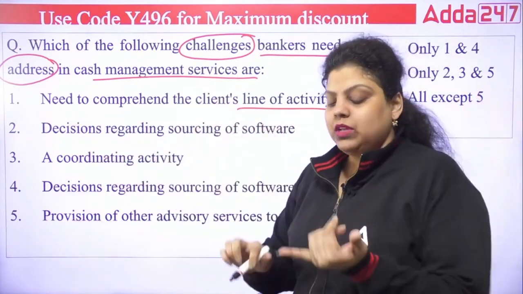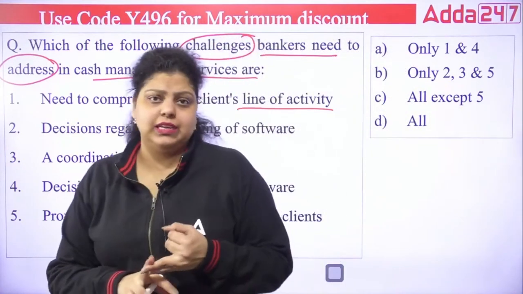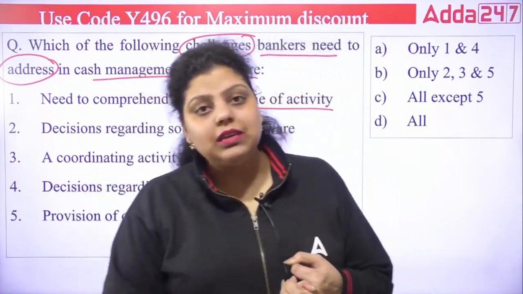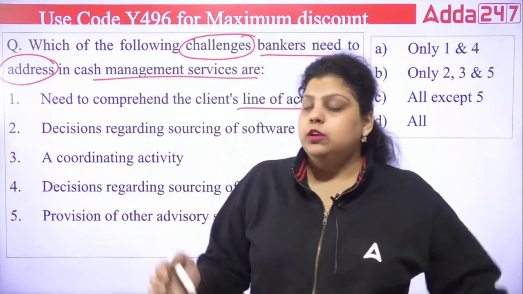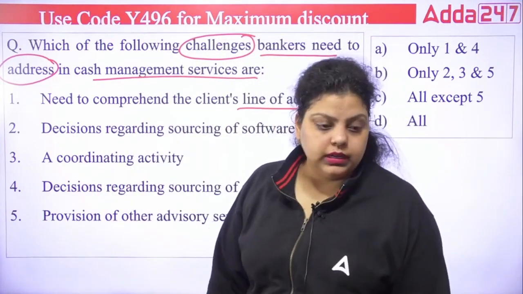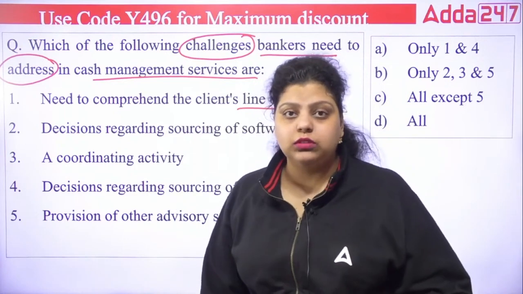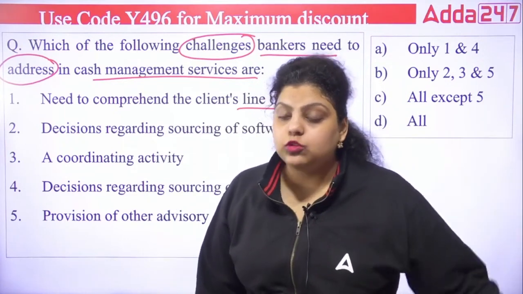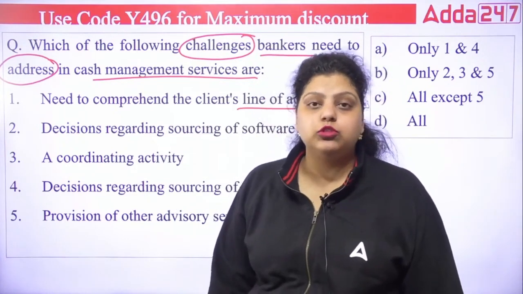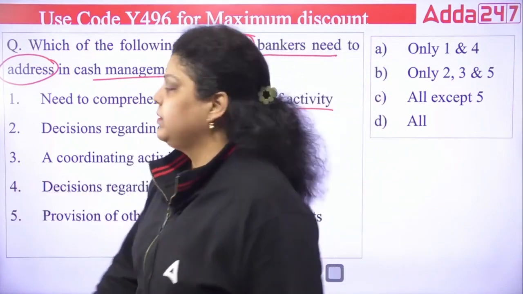Let's say Tata is there. It's a software company, it provides tea, it provides steel, so there are many product lines in Tata. The bank has to know this, because it is a challenge for the bank. Before providing a customer cash management service, the bank should know the product line of the company.